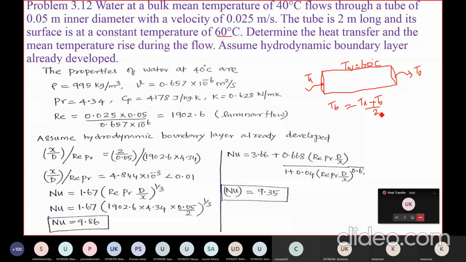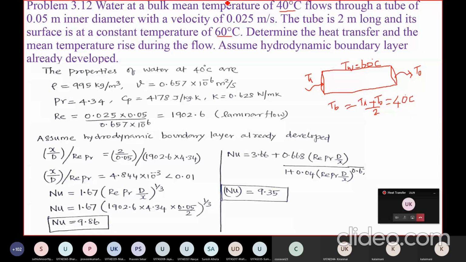Since inlet and outlet temperatures are not given, Tb is directly given as 40 degrees Celsius. Therefore, the properties of the fluid are taken at 40 degrees Celsius.